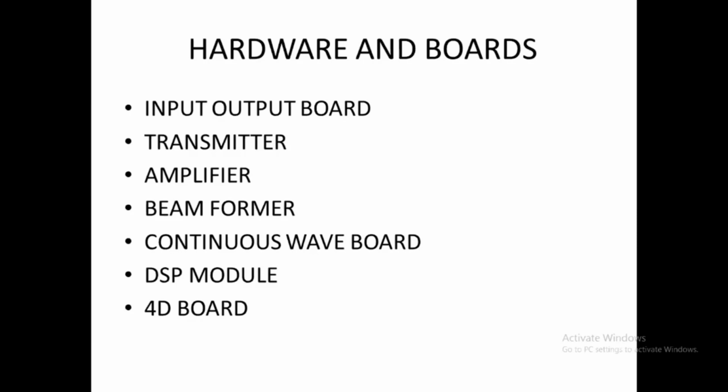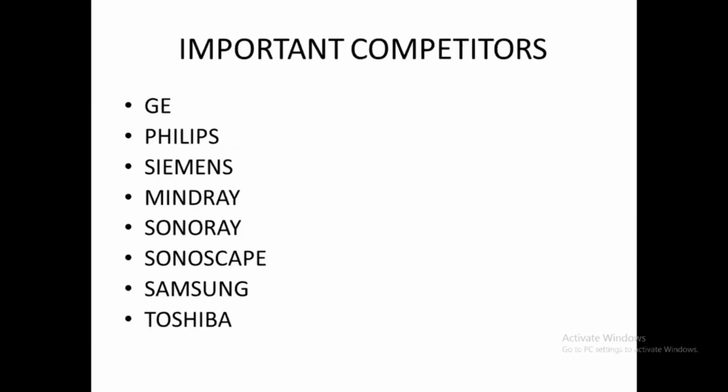It is not very important for the field of ultrasound, but many people use it as a feature in ultrasound. The 4D board is used to show the image in 4D, or a three-dimensional view. For that they are using the 4D board.